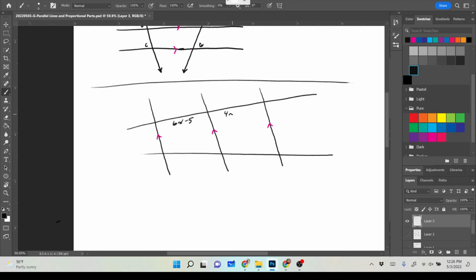This one is 4x plus 3. And this one is 3y plus 8. And this one is 5y minus 7. And this problem would be impossible if we didn't also know that this segment is equal to that segment.